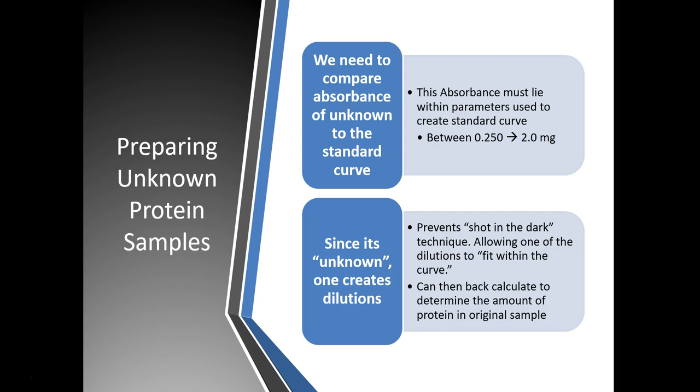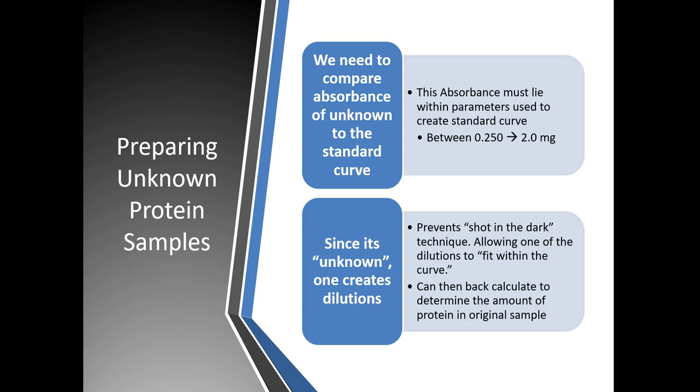Now, in order for us to most accurately quantify our unknown proteins, they need to be also within this range. And we cannot be sure of that because we don't know what concentration they are going to be, since some of them may have very few cells or a lot more cells, so they may give way above 2 milligrams per milliliter.